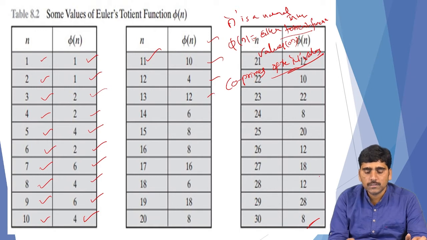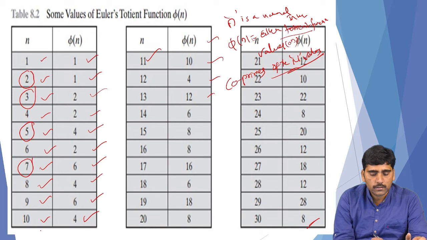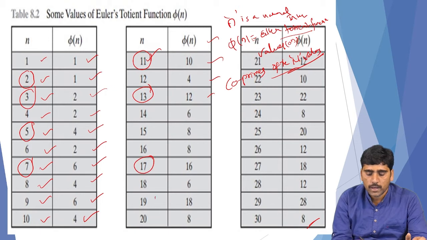From this table you can observe one thing for all the prime numbers: 2, 3, 5, 7, 11, 13, 17, 19, 23, 29.